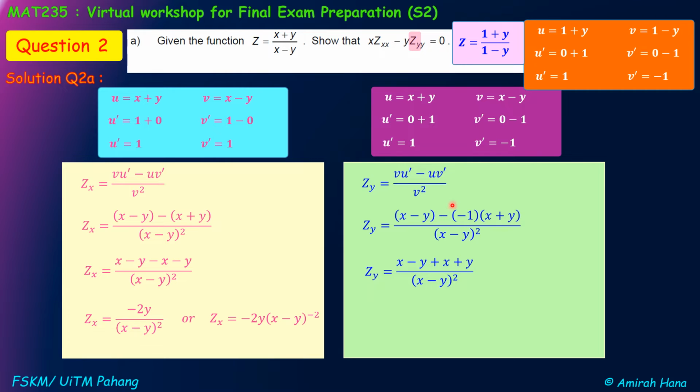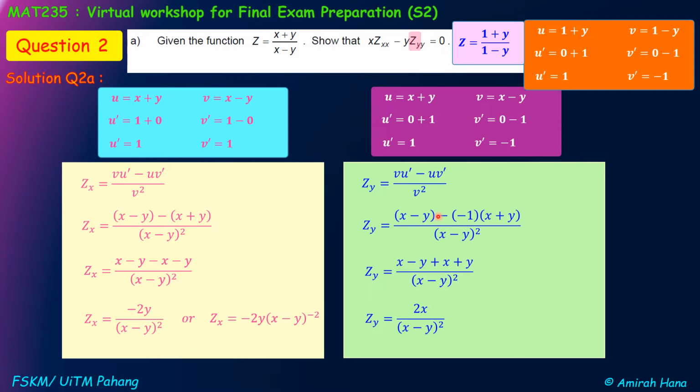When we multiply by a positive sign, the sign of x plus y here doesn't change, right? So after we simplify, y minus y equals 0, x plus x equals 2x. So our zy equals 2x over x minus y bracket squared.